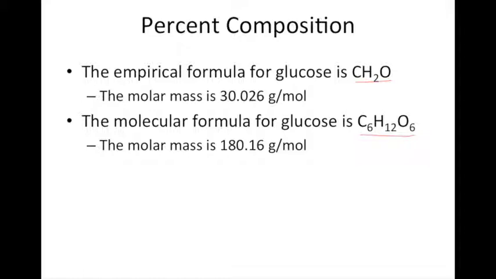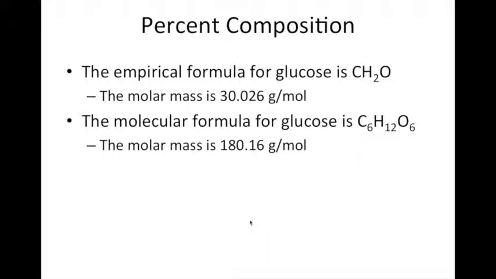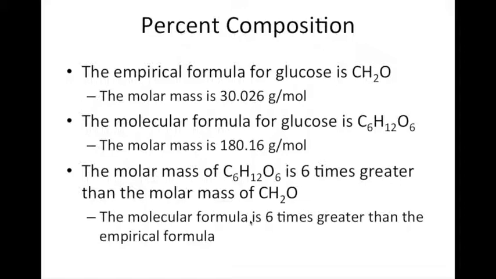So if we divide the molar mass of the molecular formula by that of the empirical formula, we get a factor of 6. So what that tells us is that the molecular formula is 6 times greater than that of the empirical formula. And you can see that here: CH2O, C6H12O6, the molecular formula is 6 times that of the empirical formula.